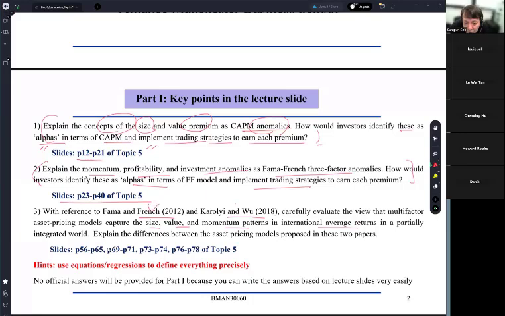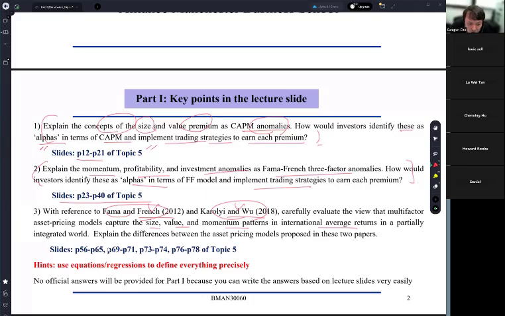They're going to talk about the global model, partially integrated model, segmented model. In the lecture slide, you will find that Fama-French says we shouldn't use a hybrid model. Karolyi and Wu say we should use a hybrid model after computing globally accessible stock, using that to compute global factors, and using locally accessible stock to compute local factors.